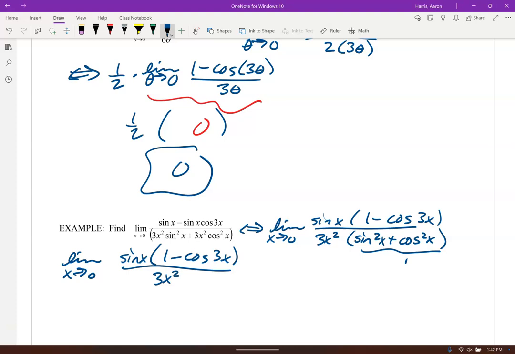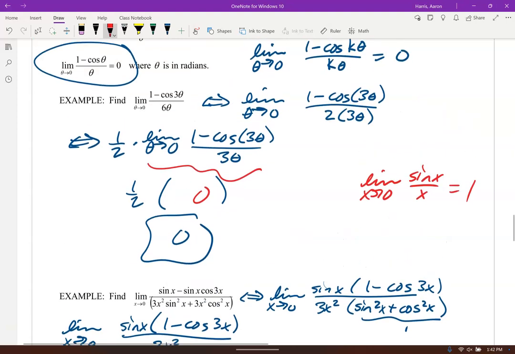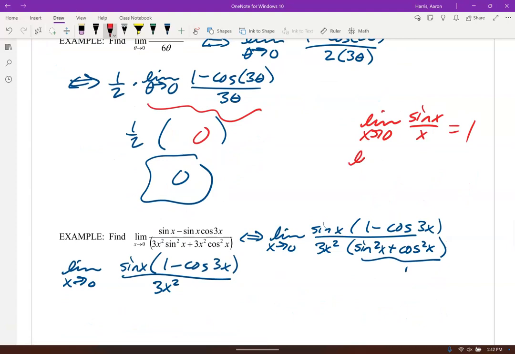Now look at this. I remember the limit as x goes to 0, sine x over x was 1, right? The other thing I wanted to remember was the limit as x goes to 0 of 1 minus cosine x over x was 0, or kx over kx, and same thing for sine kx over kx.